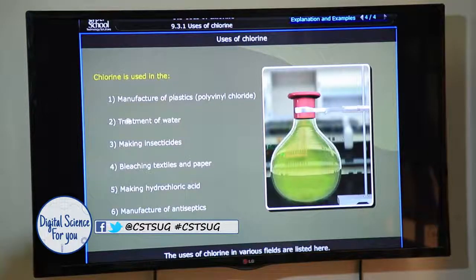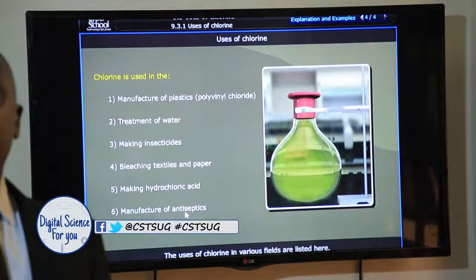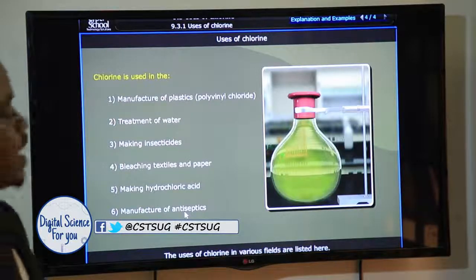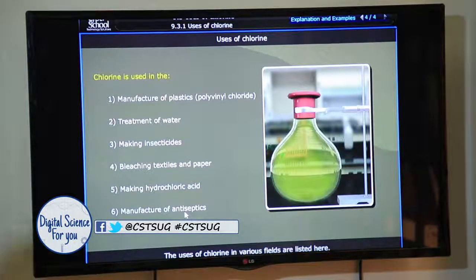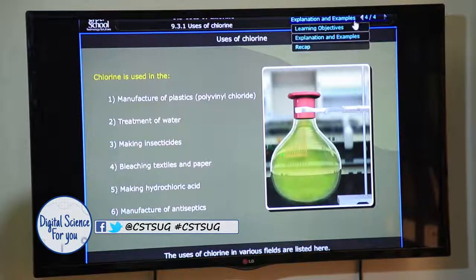This summarizes the uses of chlorine. It is used in making of insecticides, treatment of water. Of course, the main one, manufacture of hydrochloric acid, which we use every day in the lab, and then manufacture of antiseptics, which sometimes are used in toilets and so on. So chlorine is as important as can be shown from this animation.